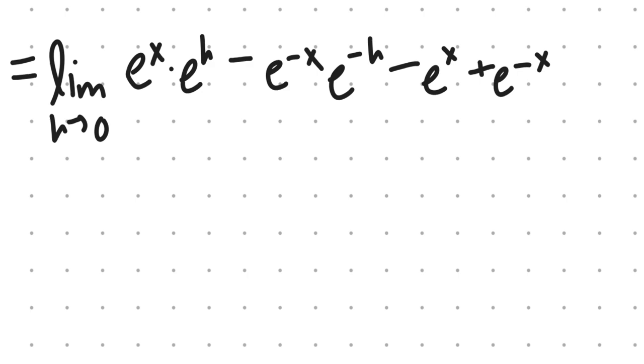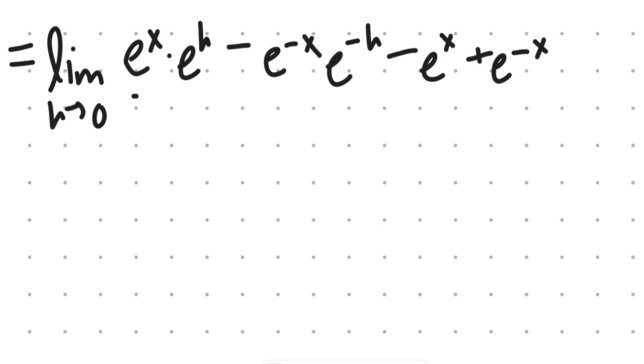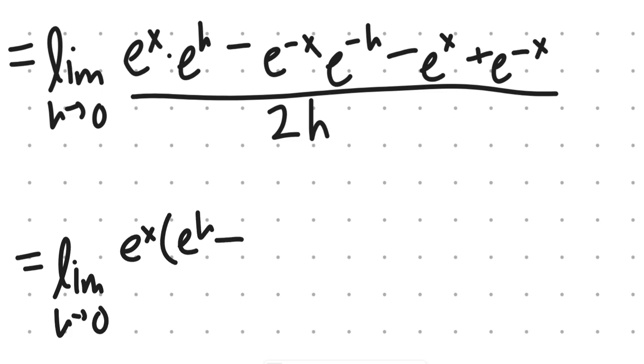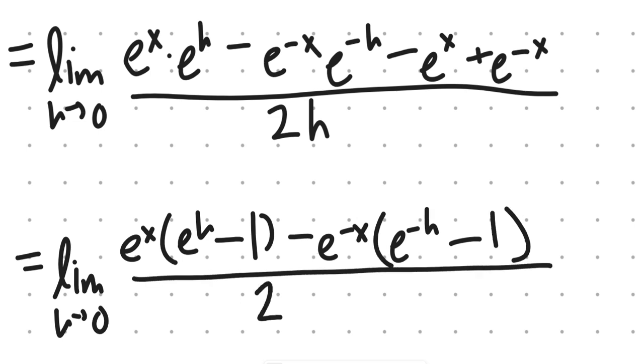Now let's find some common things here. We take e to the x and e to the negative x and combine them. So we get the limit as h approaches 0 of e to the x times e to the h minus 1, then minus e to the negative x times e to the negative h minus 1, all over 2h.